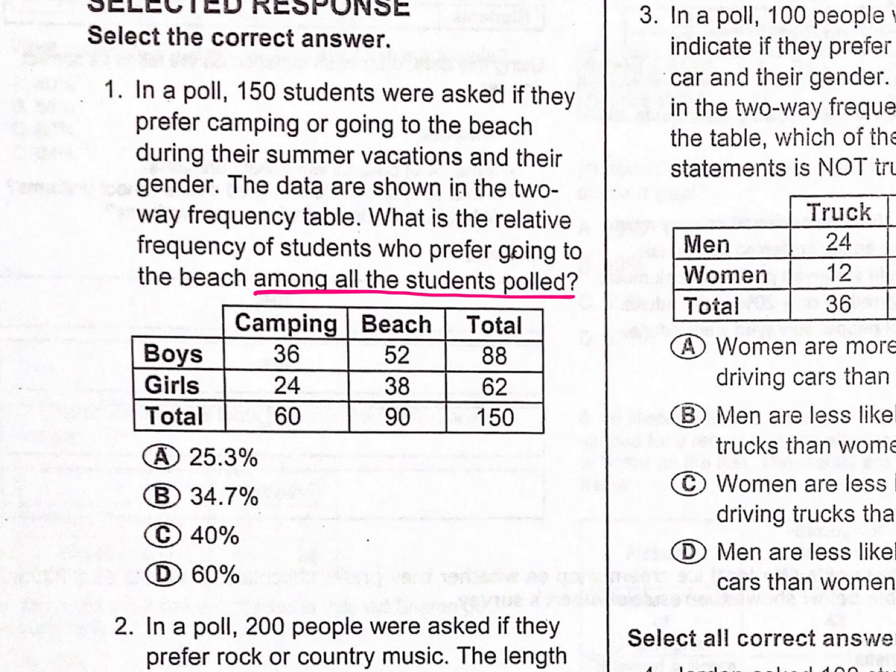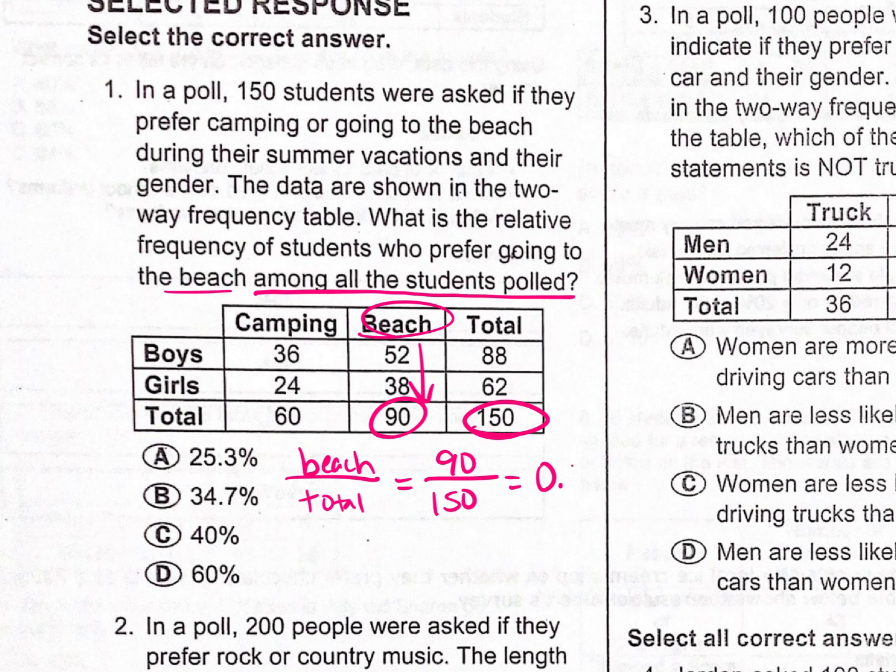Among all students polled would be your total, so that'd be our denominator. And the numerator are those who prefer going to the beach. So our total is 150, and the total who prefer going to the beach is 90. And 90 divided by 150 is 0.6, which is 60%.